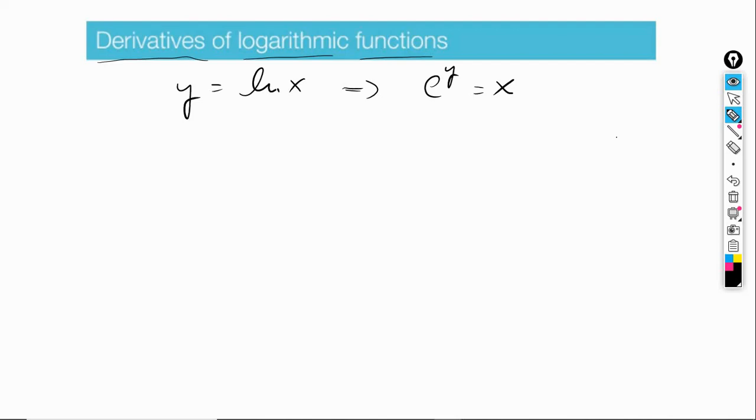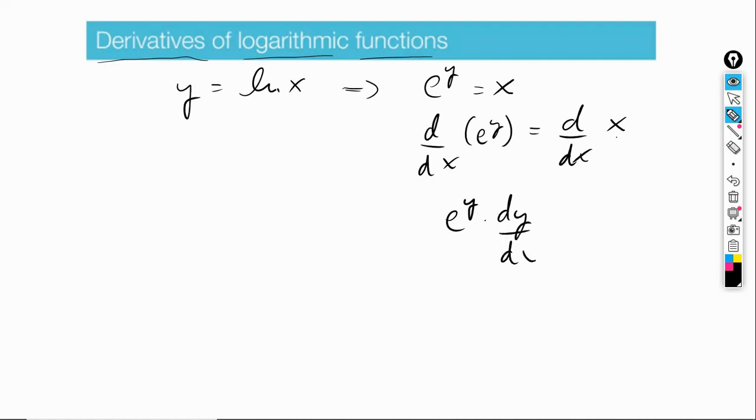So if we want to do the derivative of this, let's apply the derivative to both sides of the equation. So derivative of e to the y equals derivative of x. The derivative of e to the y is e to the y, but applying the chain rule, we have to multiply times the derivative of y. And the derivative of x is just 1.